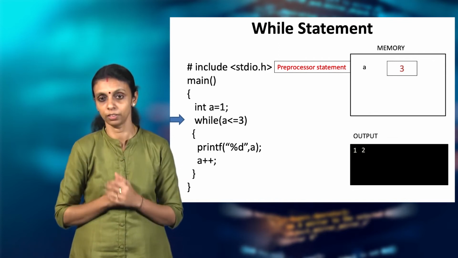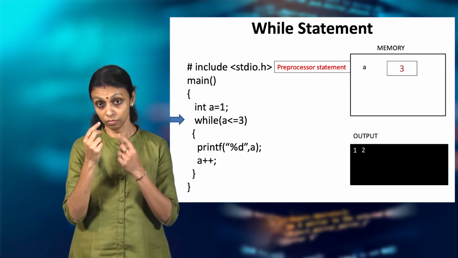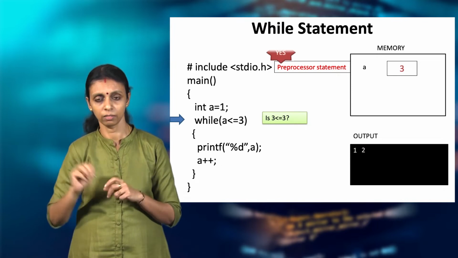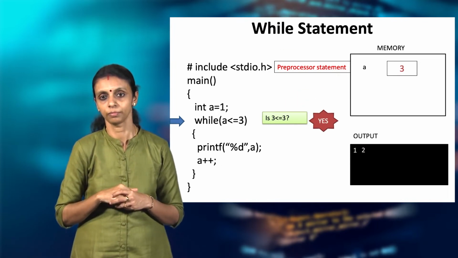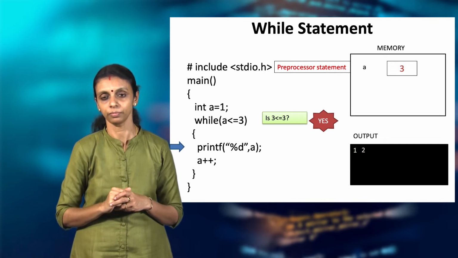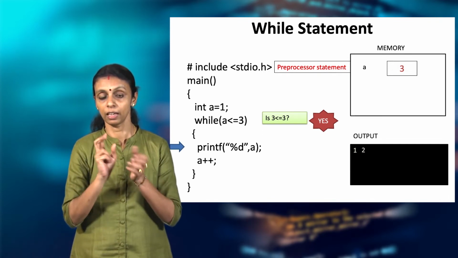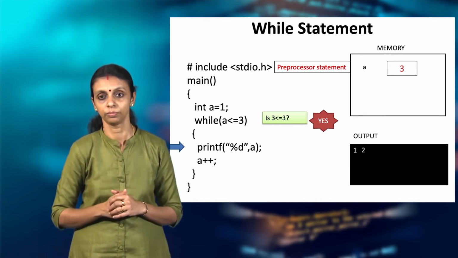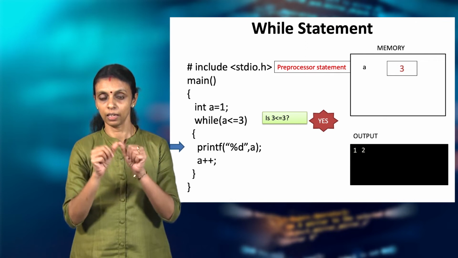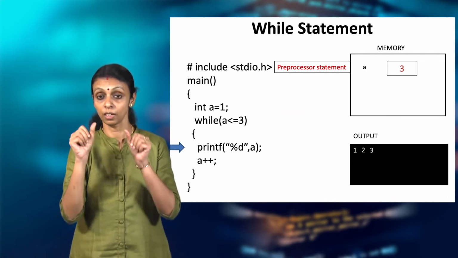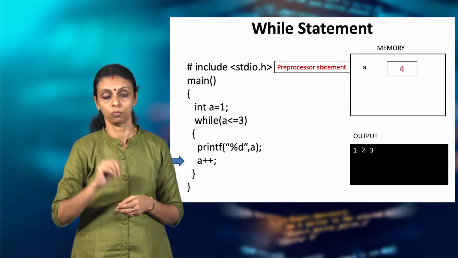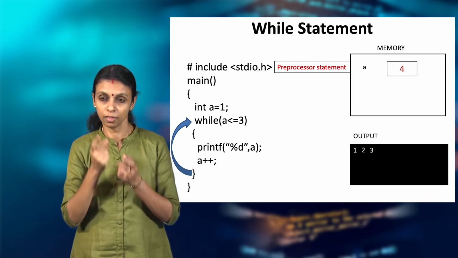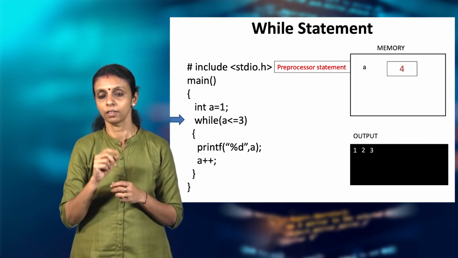Loops back to while condition, checks it. Is a less than or equal to 3? Yes. Again it enters loop, prints value of A, that is 3, increments value of A, that is A is equal to 4, loops back to while condition, checks it.